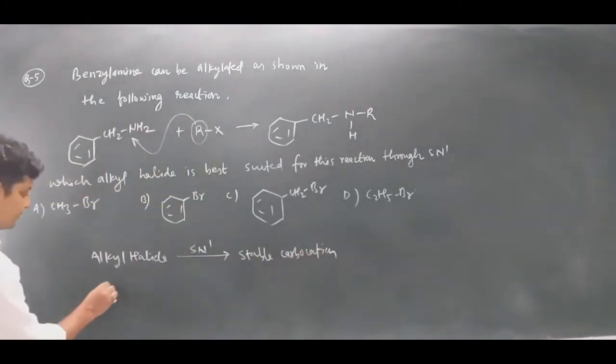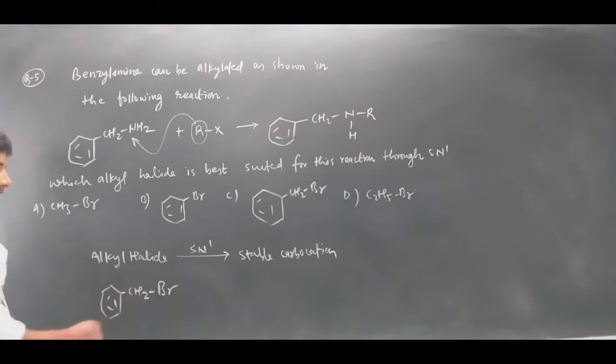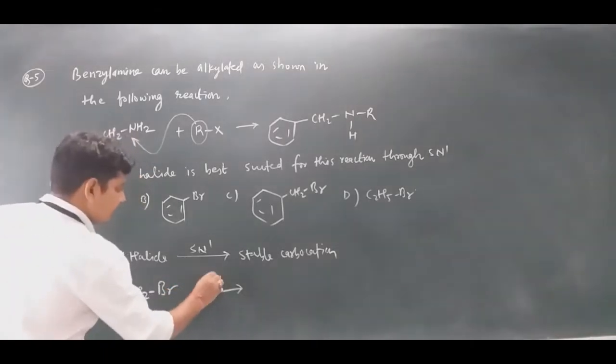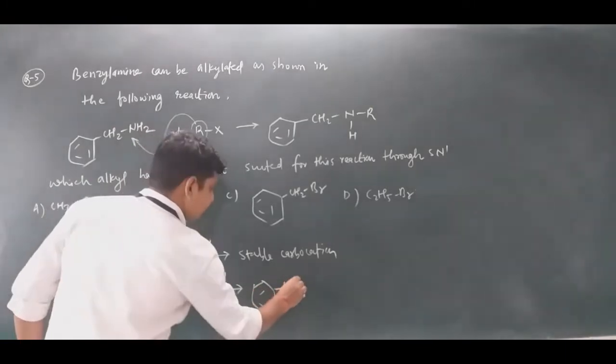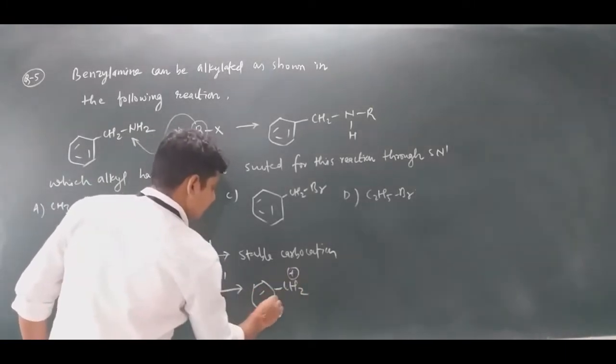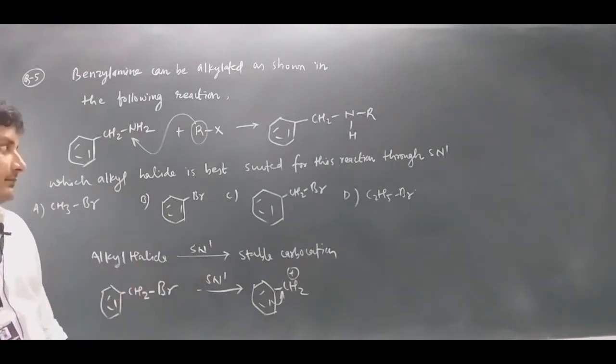If there is an alkyl halide like this, this will through SN1 give a stable carbocation. This is resonance stabilized, therefore a stable carbocation is here.